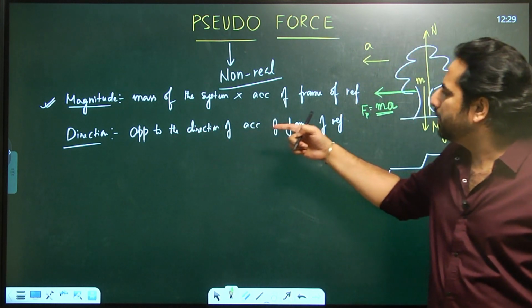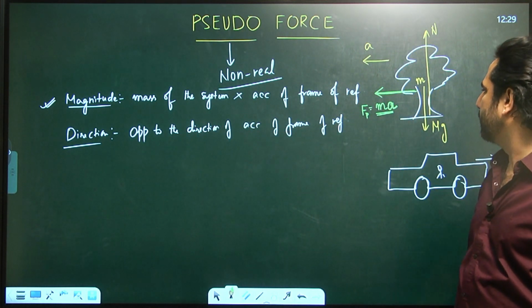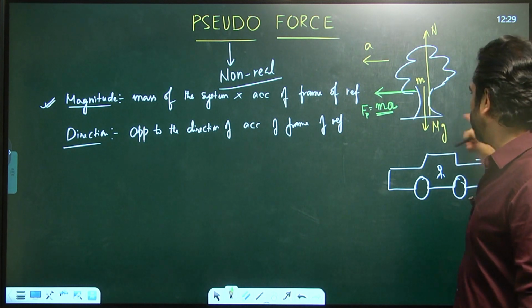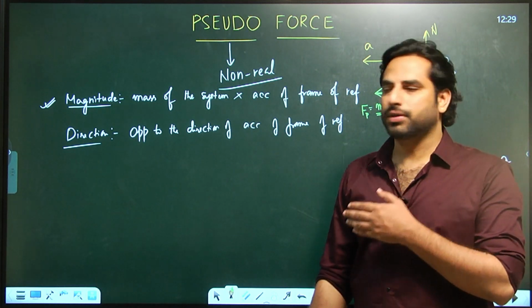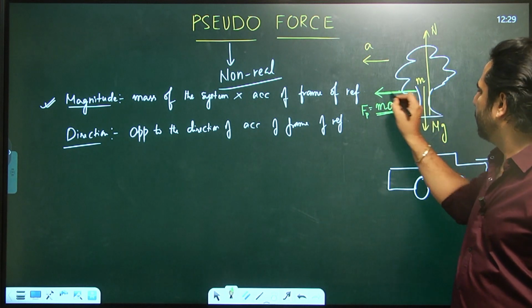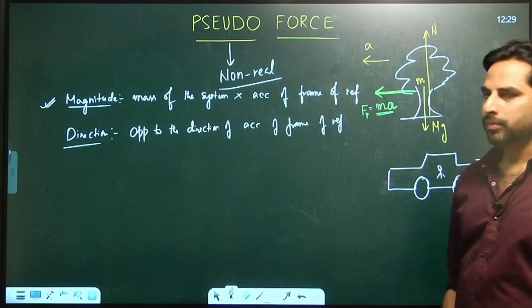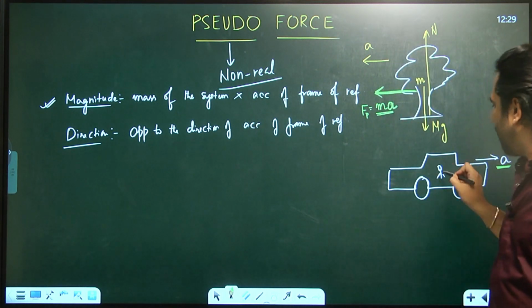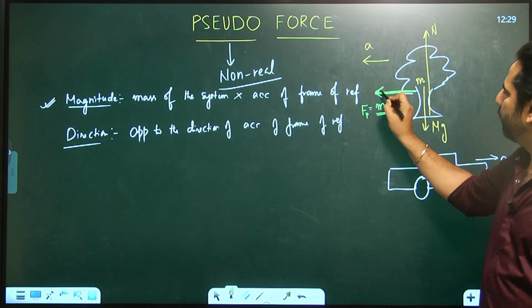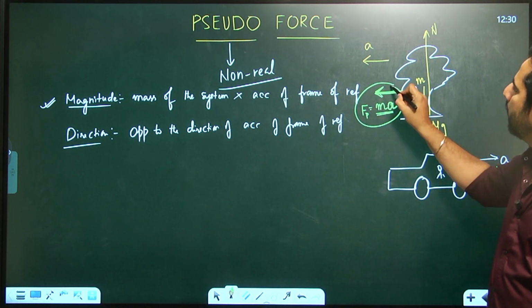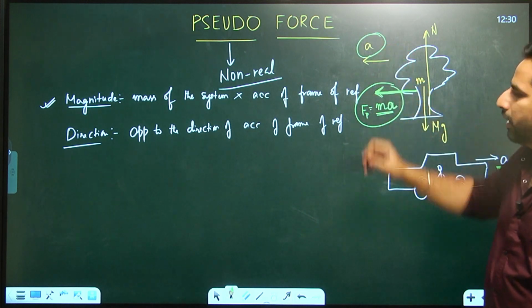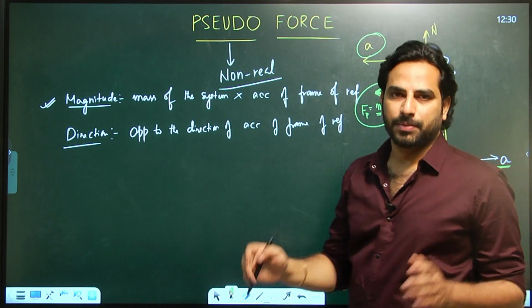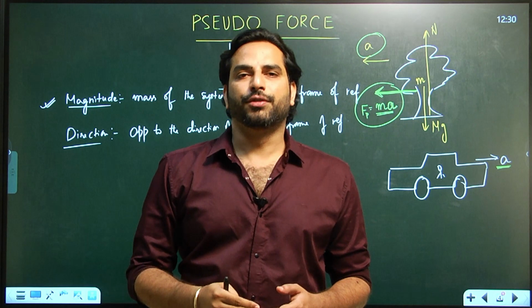It is opposite to the direction of the acceleration of frame of reference. The frame of reference is accelerating towards right, so the direction of pseudo force would be towards left. So this is the pseudo force acting on the system. Now if we observe from the car frame of reference, there is a net force of ma, and this ma is sufficient to cause acceleration of a, and Newton's laws are working perfectly. This is the concept of pseudo force.